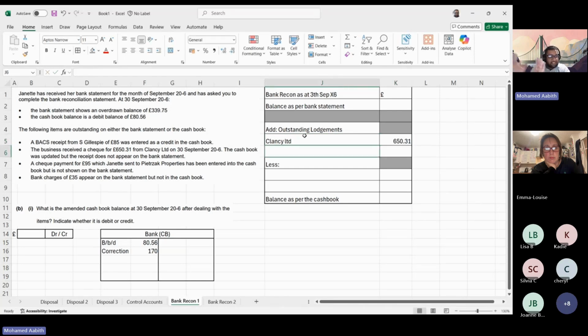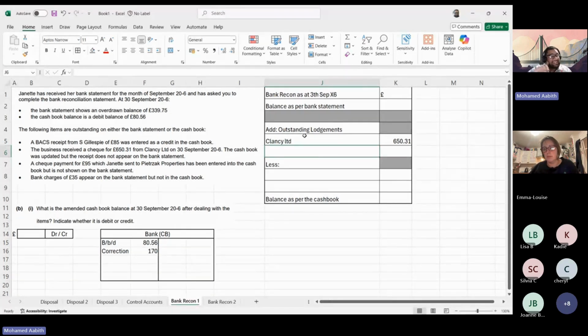I will go to the balances in a minute, okay? And then they also say here, a cheque payment for £95, which Jeanette has sent to Pietrzak Properties, has been entered into the cash book but not yet showing on my bank statement.